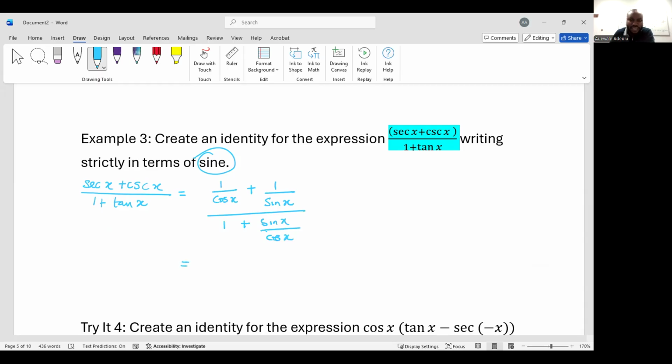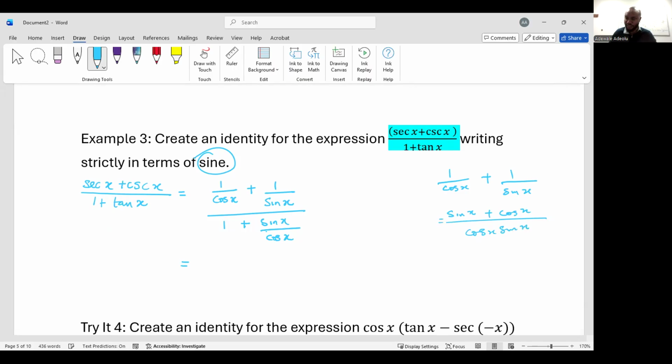What can we do? Let us take care of the numerator. So if we have 1 over cosine of x plus 1 over sine of x, I can say this is sine of x plus cosine of x divided by cosine of x, sine of x.